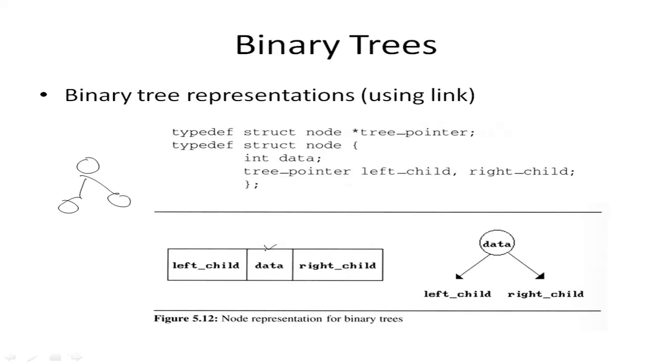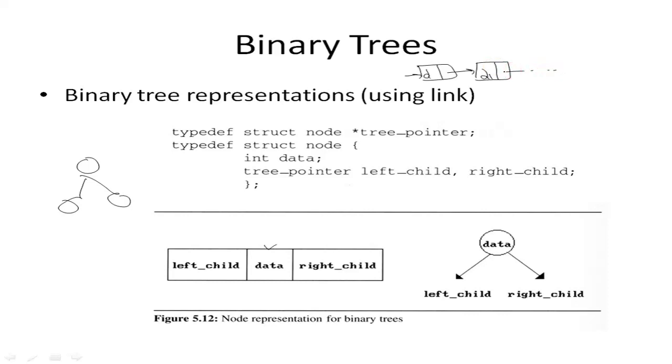In a singly linked list, you had a first node with some data and a pointer, and this pointer was pointing to the next data, data 1 or data 2, and then there was another pointer, and so on.